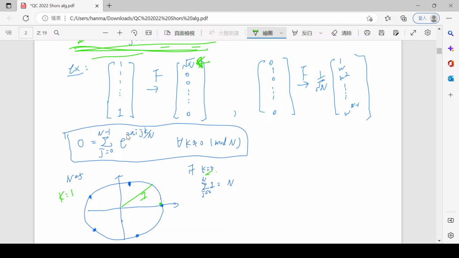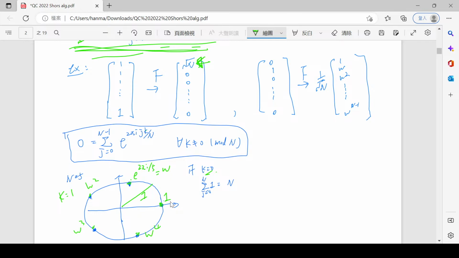Those points, being the powers of the roots of 1, are going to be on those 5 points. So this point is e to the 2 pi i over 5, and let's say this is omega sub 5. So this is omega, and this is omega square, omega cube, and omega fourth. Omega to the 5 equals 1.